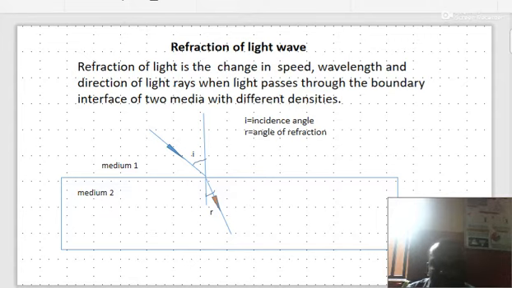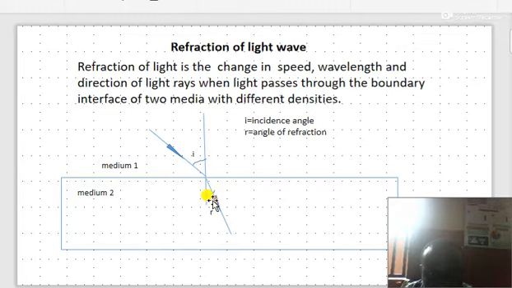Now, this light wave, as you can see, is moving from medium 1, making an angle I with the direction known as the normal direction, and on reaching the boundary interface, it bends away from its actual course towards the normal inside a new boundary, as you can see.